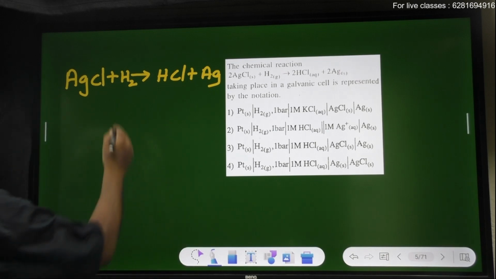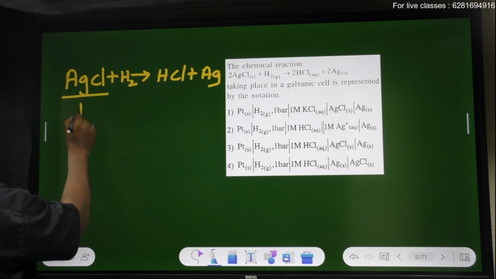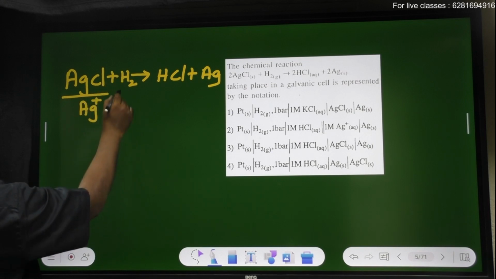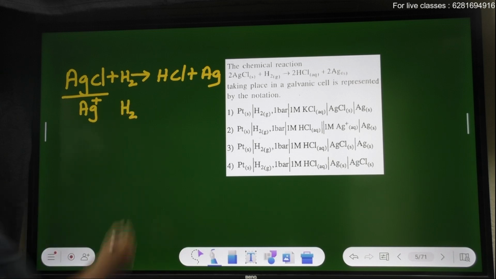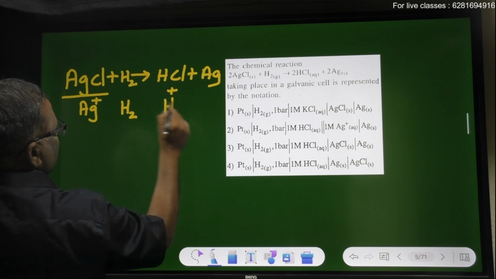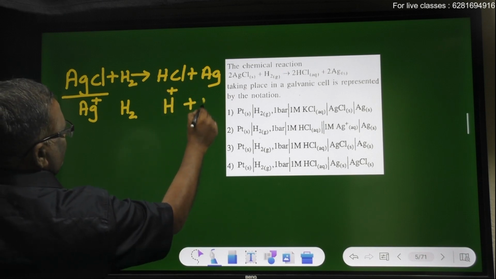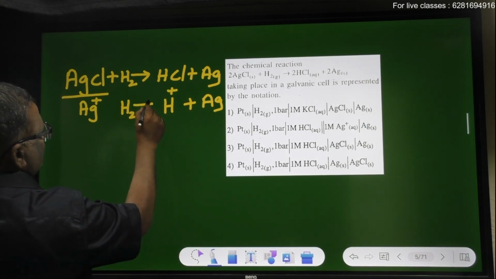Now in AgCl, silver is in the form of Ag+ ions. In hydrogen, it exists as H2 molecules. In HCl, hydrogen exists as H+ ions and silver in the atomic state. Now this is the cell reaction.